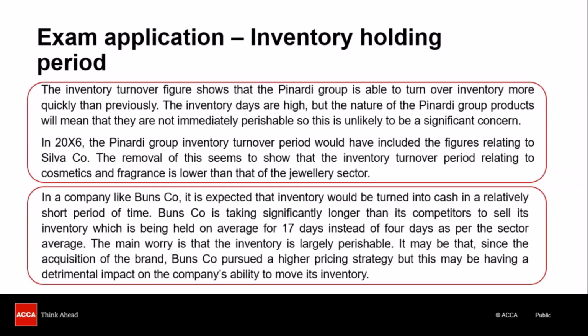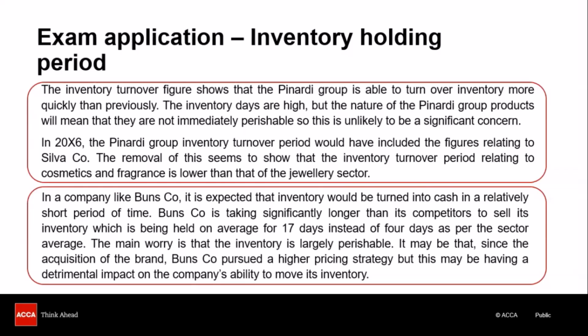And please remember to give a sort of disclaimer in your exam, where you don't know whether what was happening in the previous year was a good benchmark or not, or whatever is happening in the industry is a good benchmark or not. We assume that the industry average is something that we need to use as a benchmark.